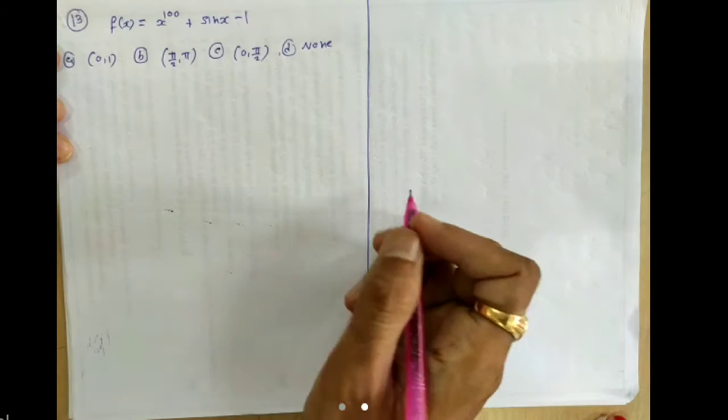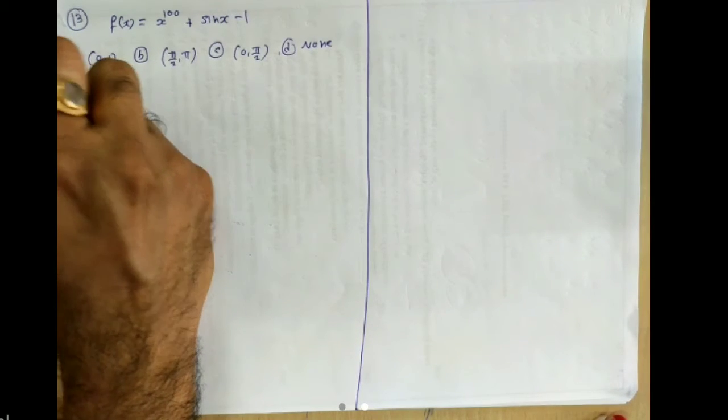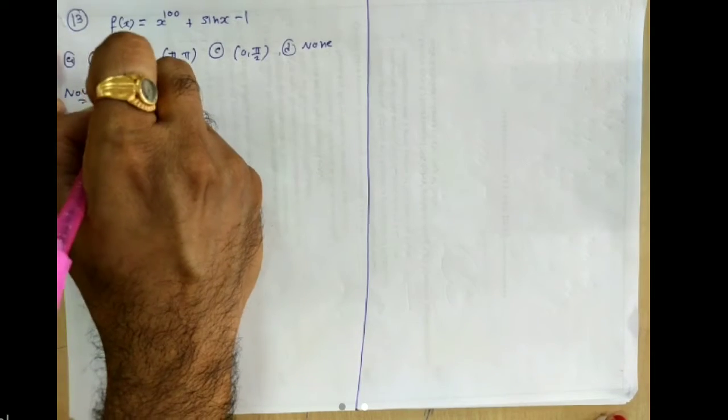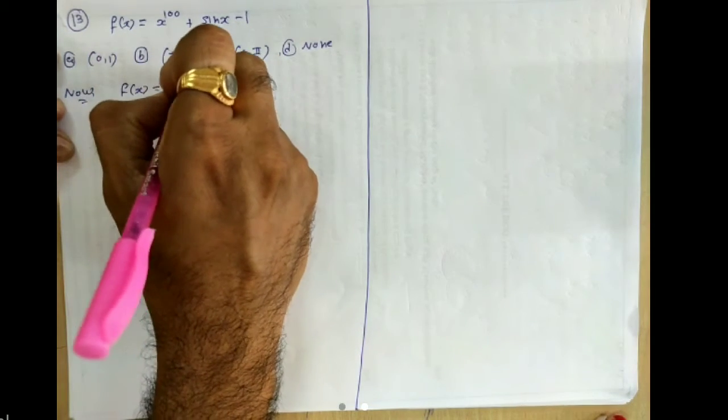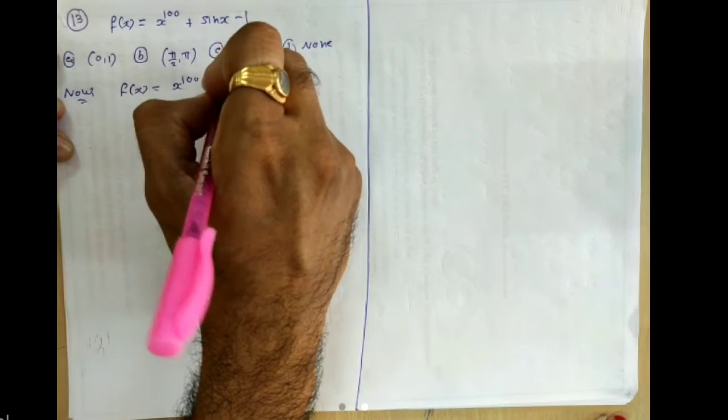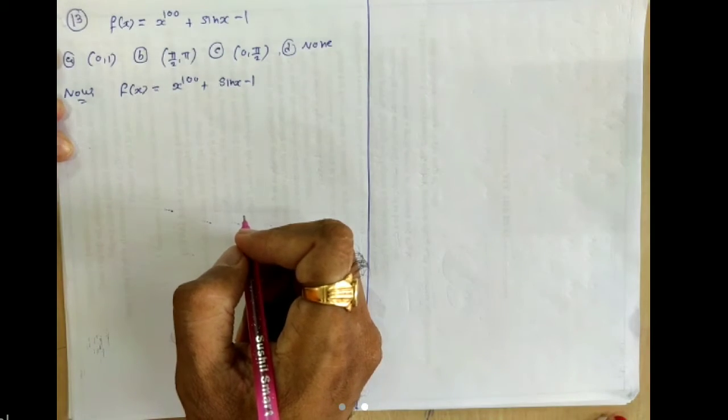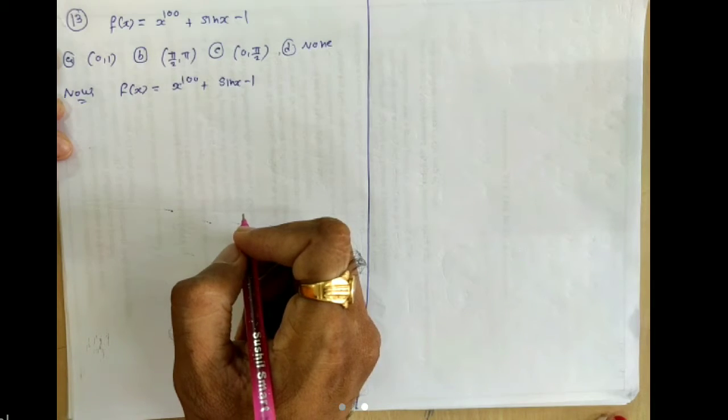So let's check one by one. We start with the given function f of x equal to x raised to 100 plus sin x minus 1. For a strictly increasing function, we require f dash x greater than 0, and for a strictly decreasing function, we require f dash x less than 0.